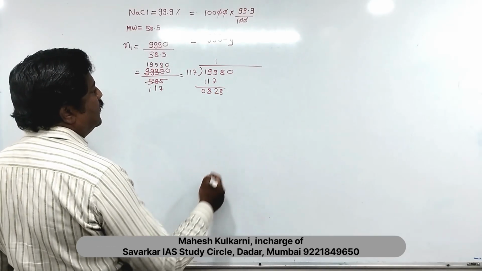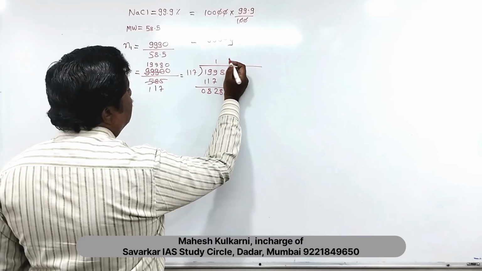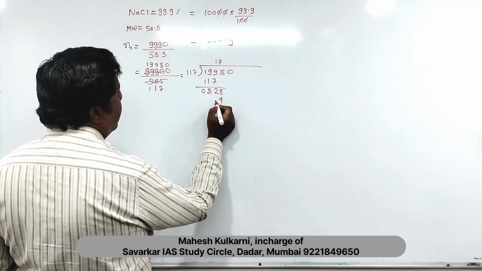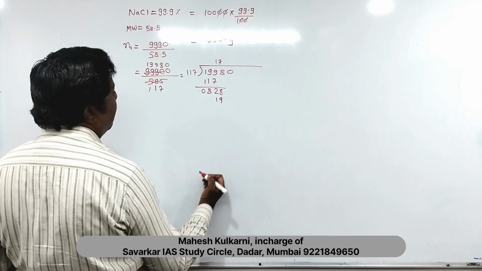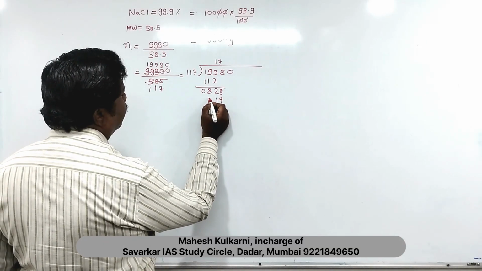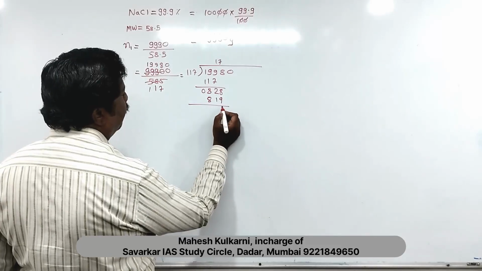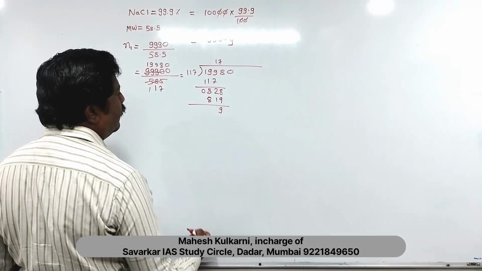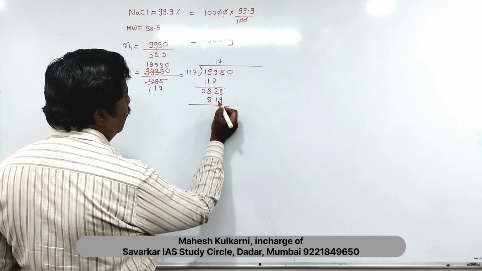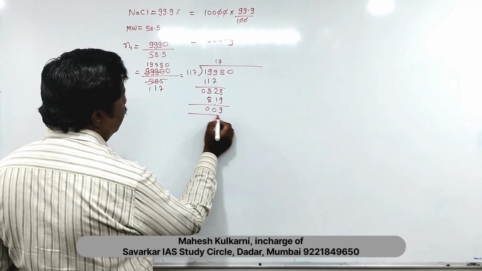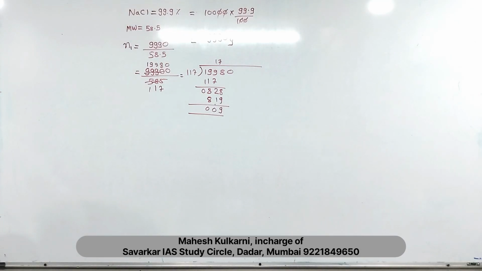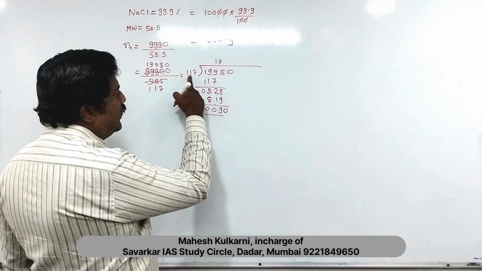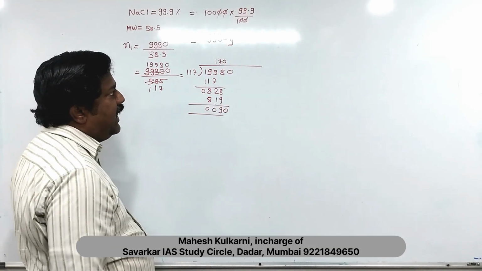Again take 8, same as the previous calculation, I can go here by 7. Now after 8 I have to take 0, but we are aware we can't divide, so keep it 0 as it is.